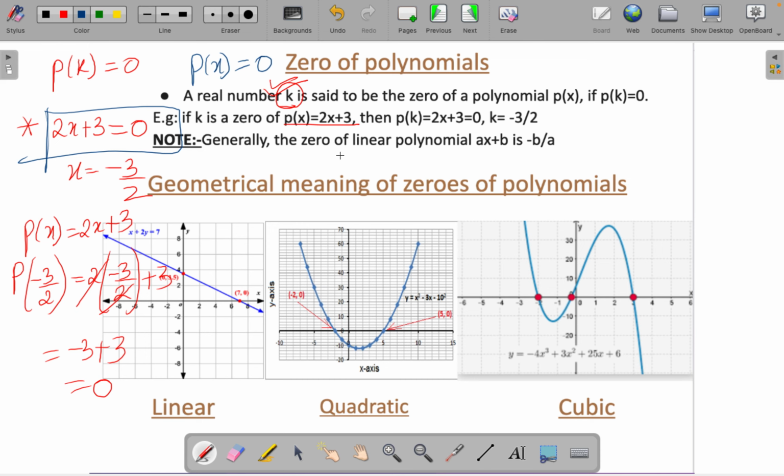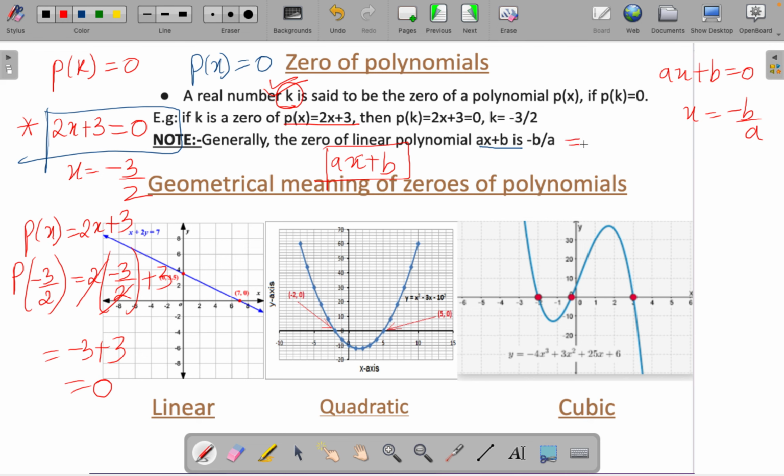And now, can I write it in general that any linear polynomial in the general form, children, can be written as ax plus b? So can I say that for any linear polynomial which is written generally, if I put ax plus b as 0, x will be minus b by a, right?